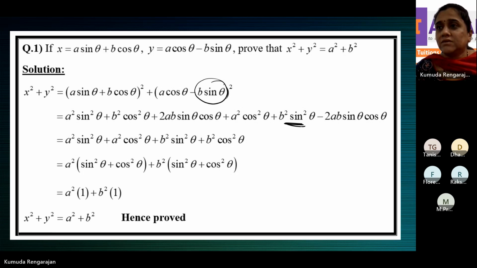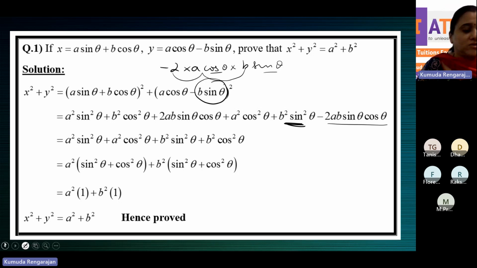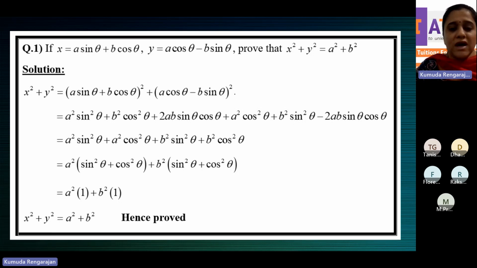Minus 2 into x into y. So minus 2 into a cos theta into b sine theta. So that will again be 2ab sine theta cos theta. So this is just the first step, expanding using the identities x plus y the whole square and x minus y the whole square.